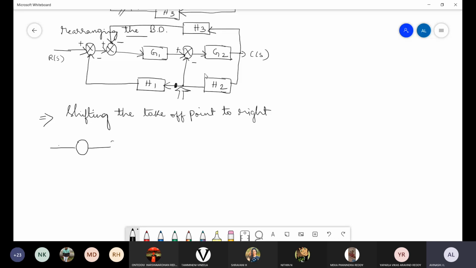All things are remaining the same. Please make a note of it quickly. When I'm writing, you also keep on writing on your paper so that it will be very easy for you.